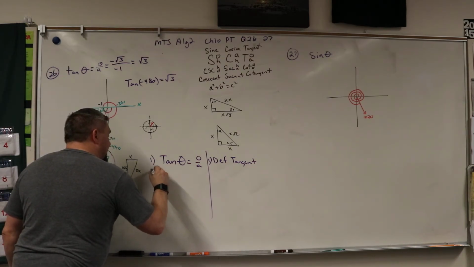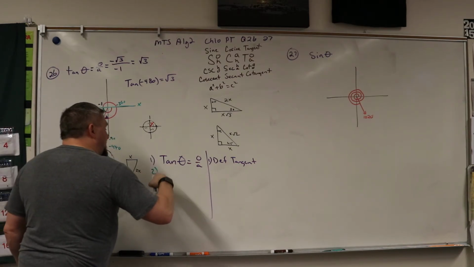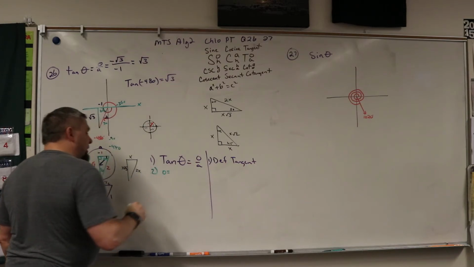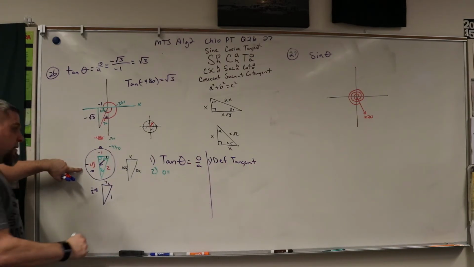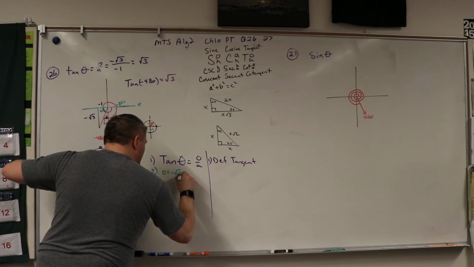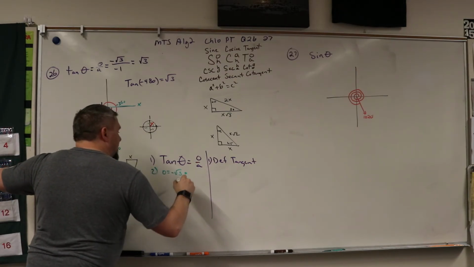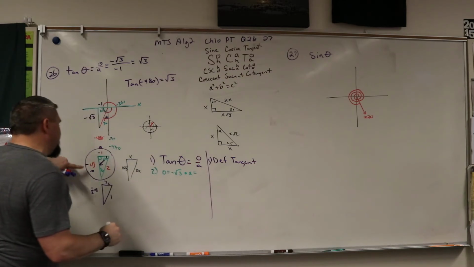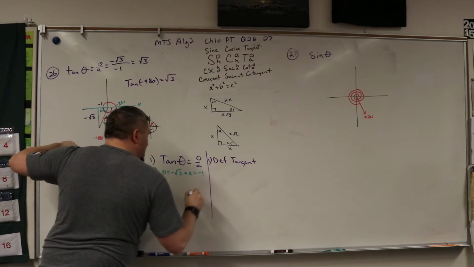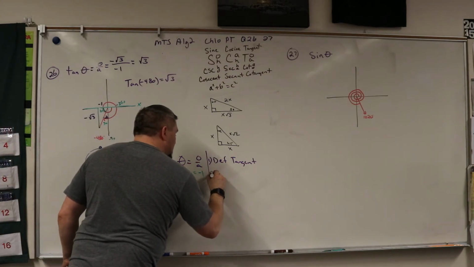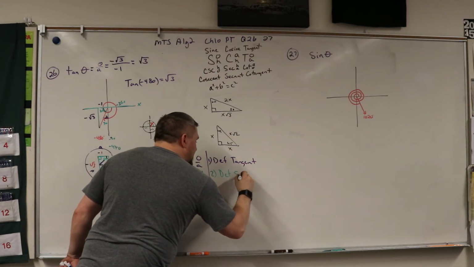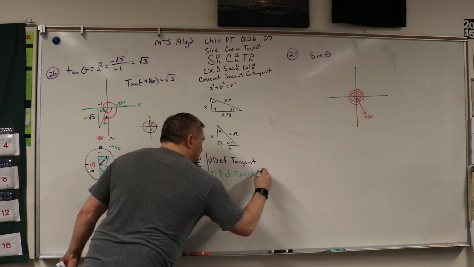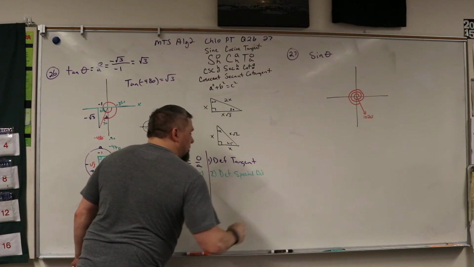We can say that the opposite side is equal to negative square root 3 and the adjacent side is equal to negative 1. Why? Because of the definition of special triangles.